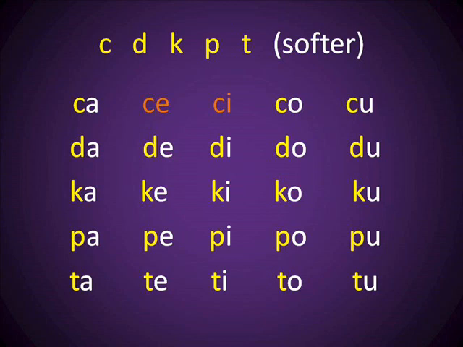These consonants are similar in Spanish, with an important difference. They are not as strong as they are pronounced in English. They sound softer, like this. K, d, k, p, t. The C letter has a similar behavior as in English. It sounds like K before A, O, U, and it sounds like S before I and E. Let's read the syllables.